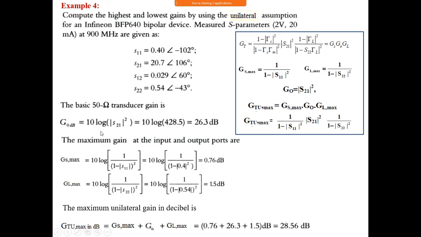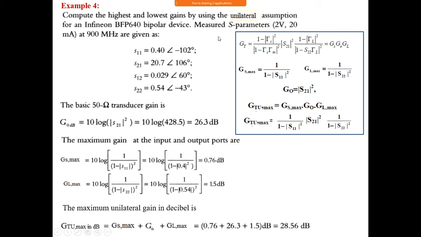Similarly, this is one more problem. The problem is to compute the highest and lowest gains by using the unilateral assumption for a BFP640 bipolar device.